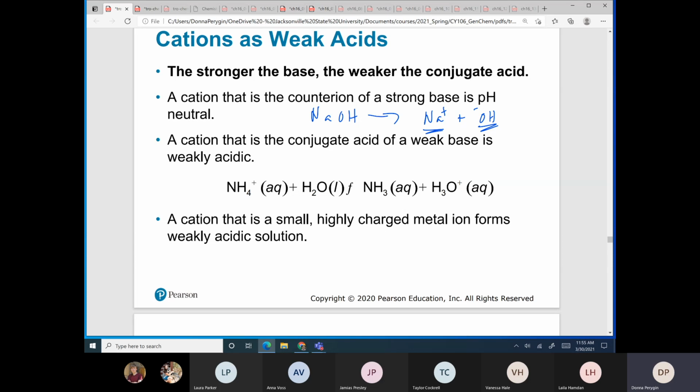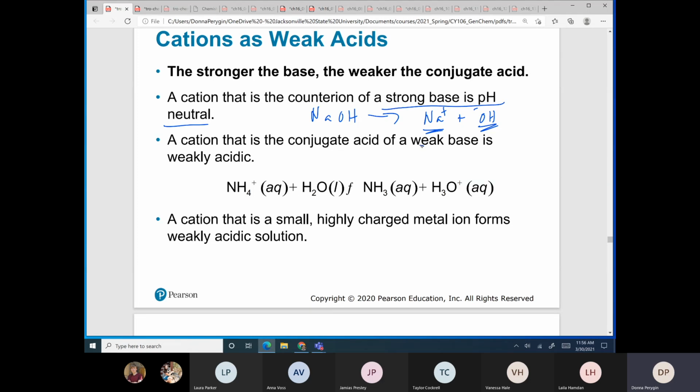I'm totally phrasing this wrong. Okay, the cation is not able to increase the hydrogen ion concentration. So the cation of a strong base is pH neutral.